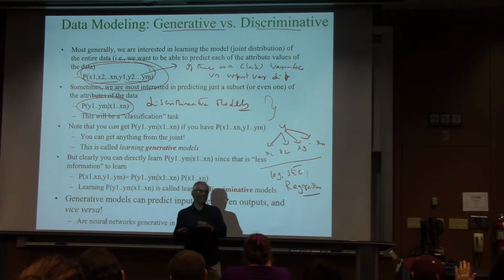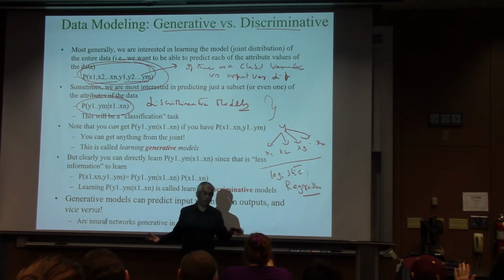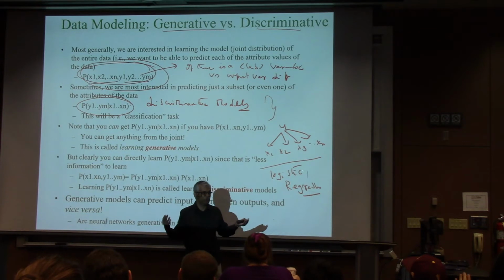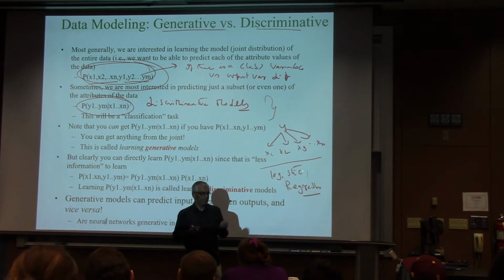For the sequence learning tasks, you may have heard of two names. I won't actually go into the details here, but it's useful to know. HMMs, hidden Markov models, versus CRFs, conditional random fields. One of them is generative, the other is discriminative. HMMs are generative, CRFs are discriminative.